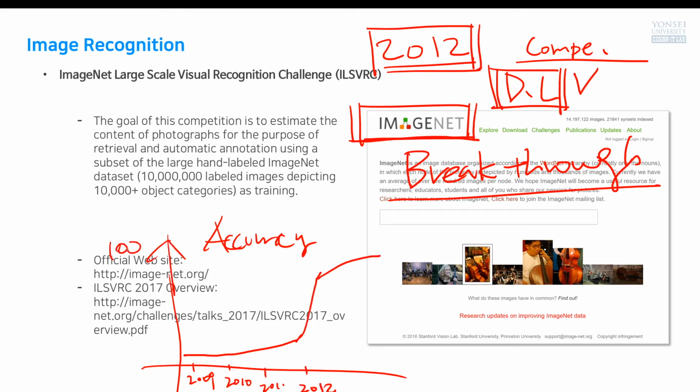This is probably 100%, and this is time. So what happened in 2012? Deep learning was introduced to this domain. That is why they say deep learning in image recognition, image detection, is a huge breakthrough, okay?